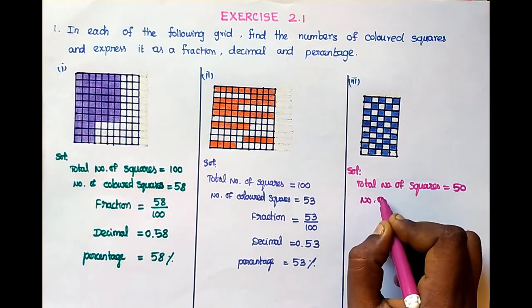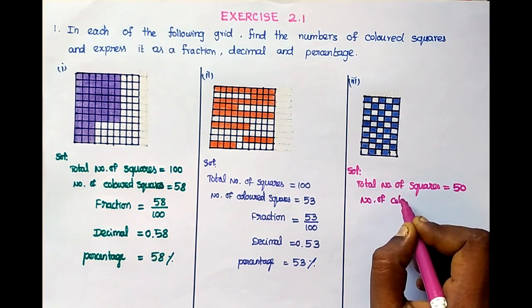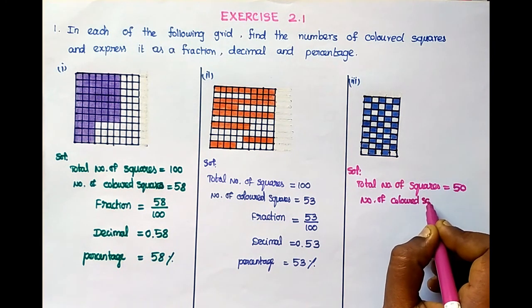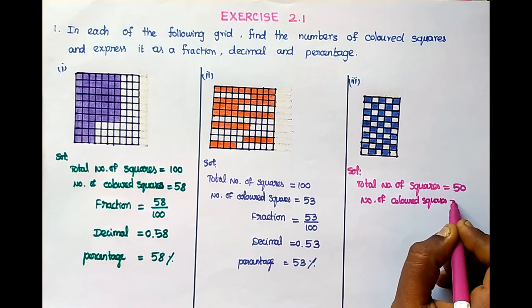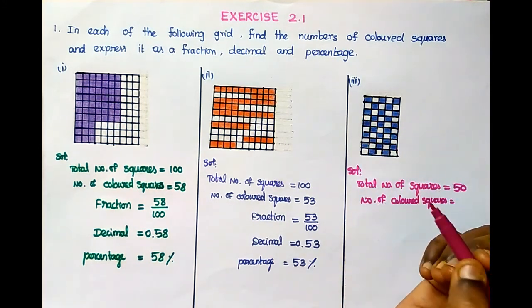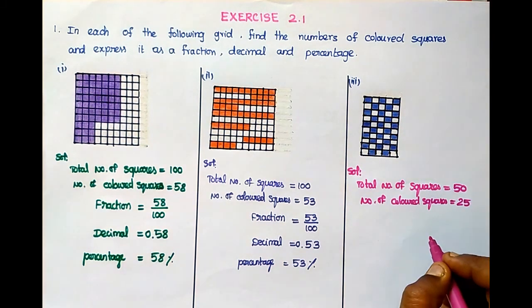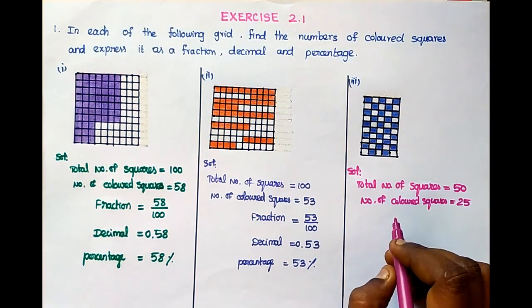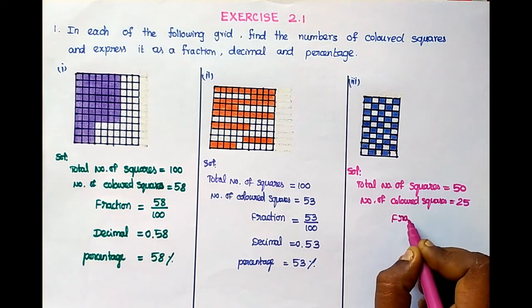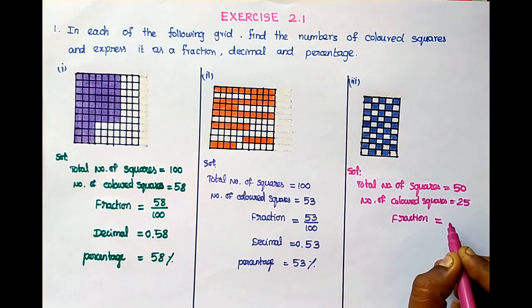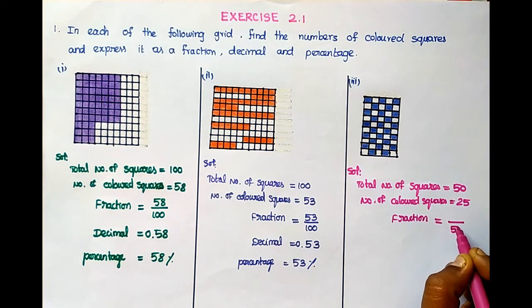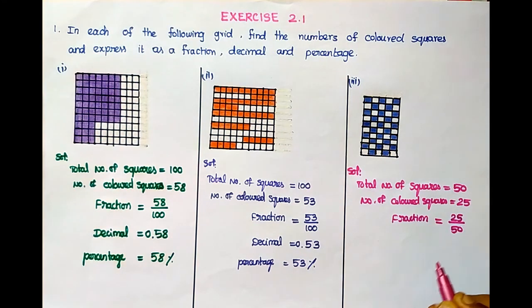So the number of colored squares, alternate ones, half of that were colored, so 25. Now in fraction, out of 50, 25 were colored, so 25 by 50.